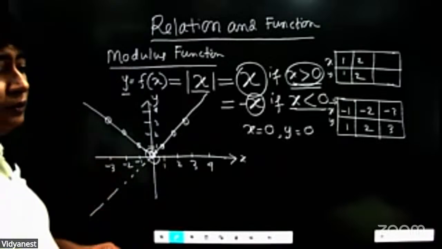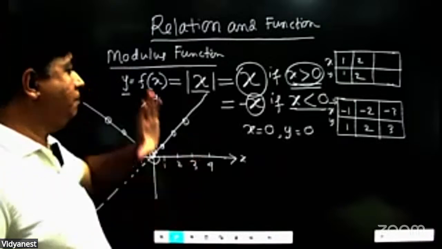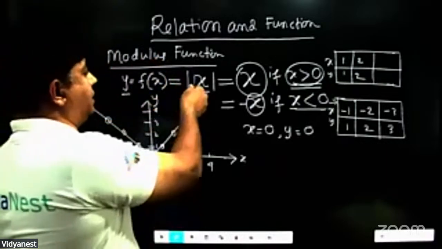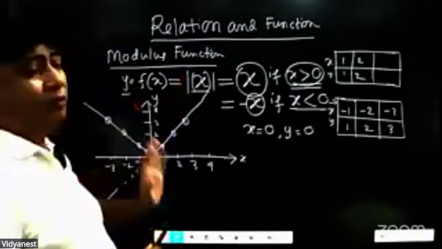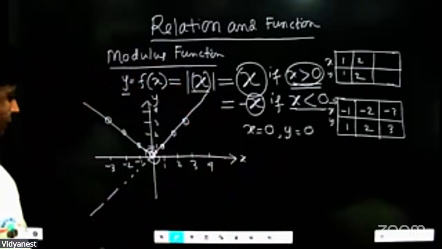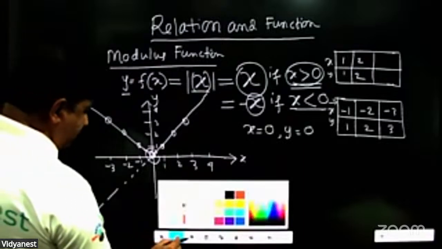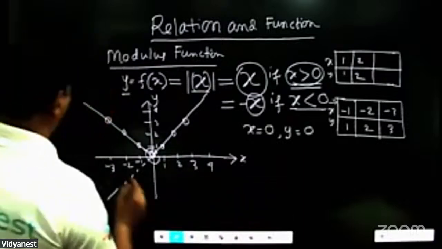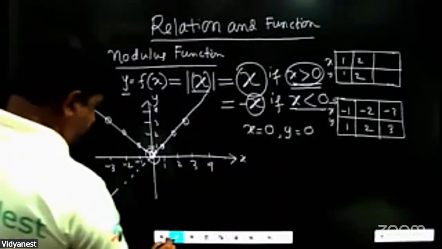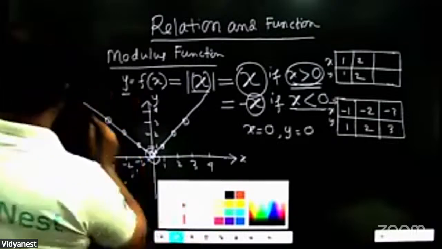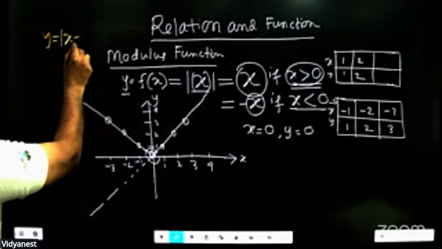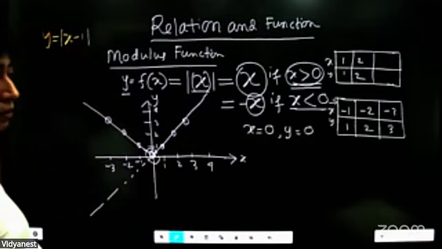Okay? But this type of simple ingredients under mod will not be provided. Suppose instead of x, you have got y is equal to mod x minus 1.